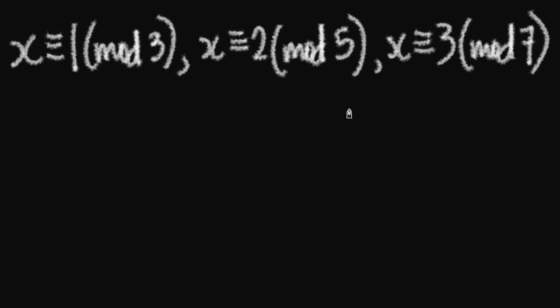With this system of linear congruences, we'll be solving this and getting the value of x, naming it as the unique solution, and finding the general solution for this particular puzzle or problem.